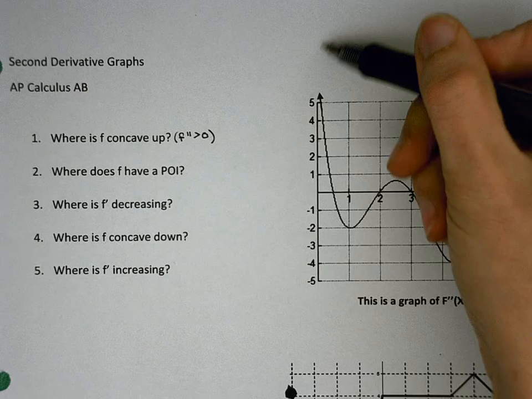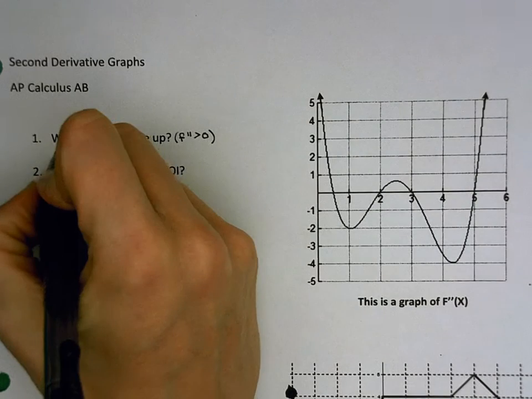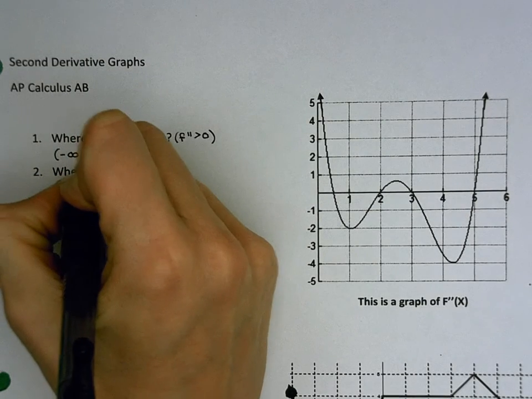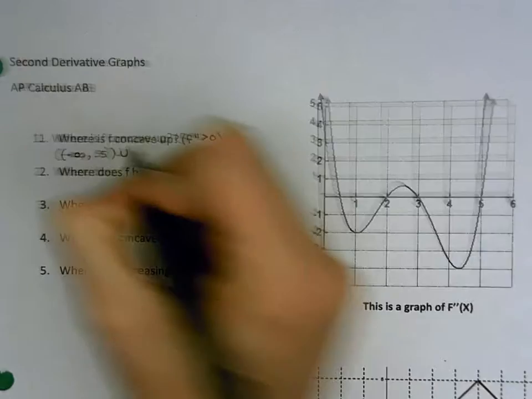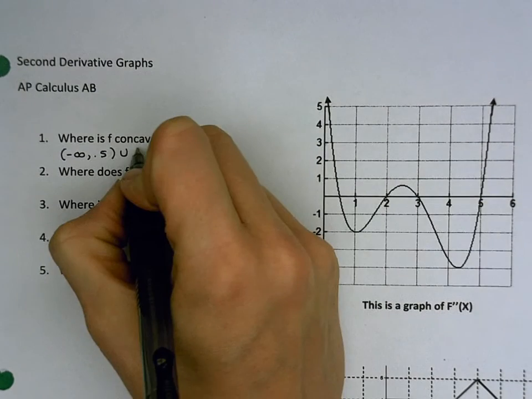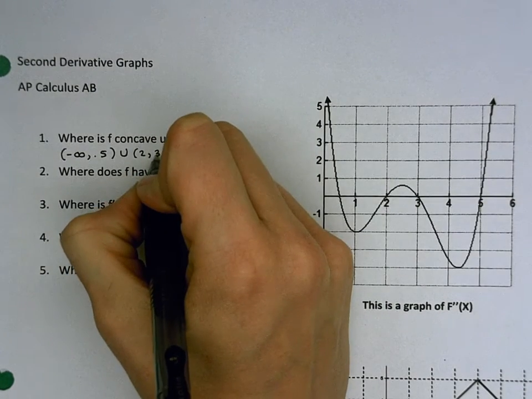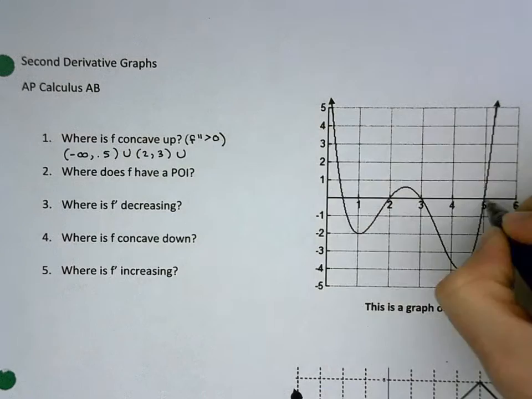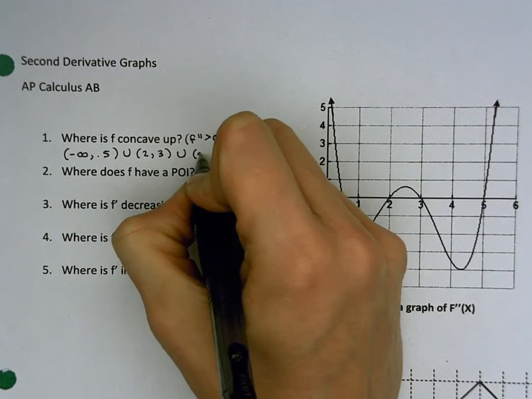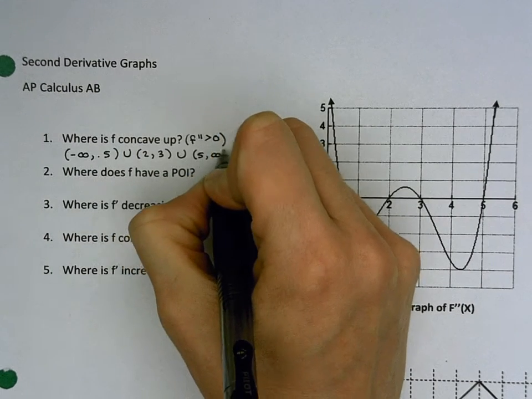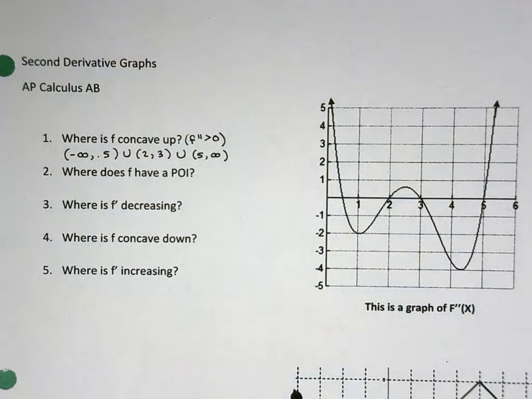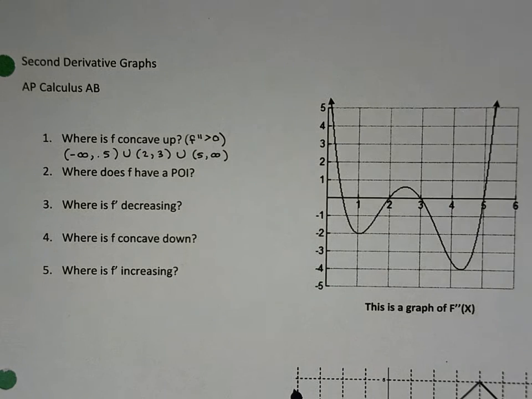This graph is positive from negative infinity to 0.5, and also from 2 to 3, and also from 5 to infinity. So the definition of f concave up means that f double prime is positive.